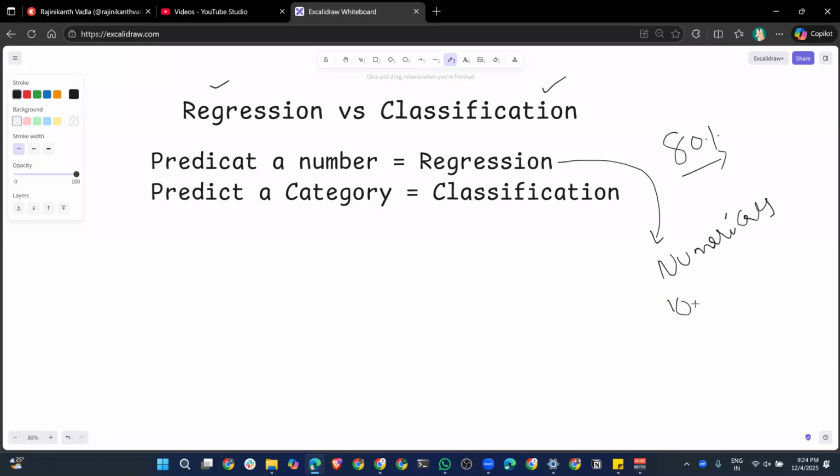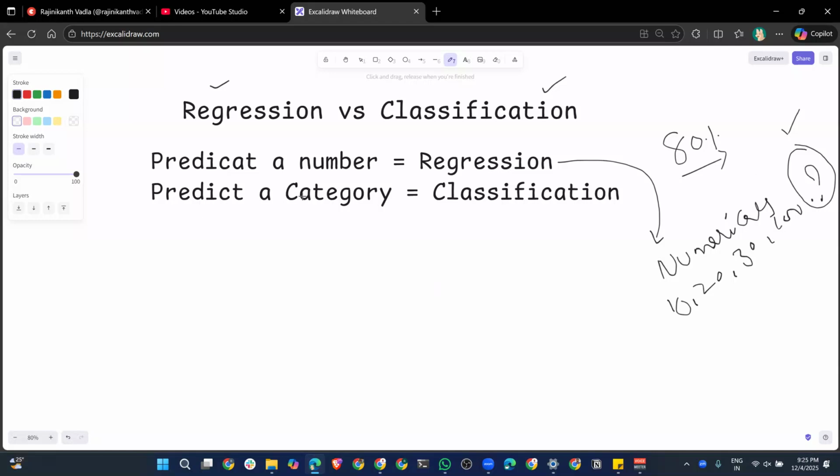You have 10, 20, 30, and 100, and what would this value be? This value is what you are going to predict. Predicting the numbers is called regression. Most of the cases, when you see questions like how much, what will be the value, what is the price, regression is there.